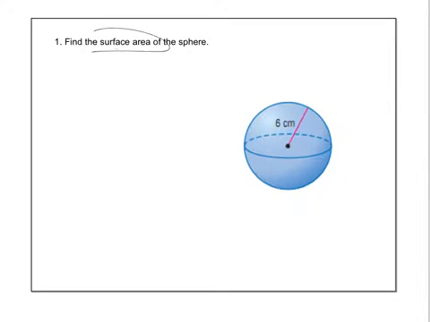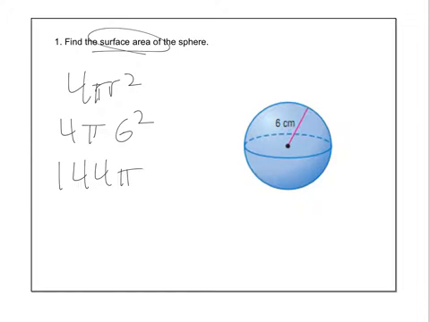So I'll find the surface area of a sphere, so I want 4 pi r squared. It's 4 pi 6 squared, so that's going to be 144 pi centimeters squared. This is considered exact.